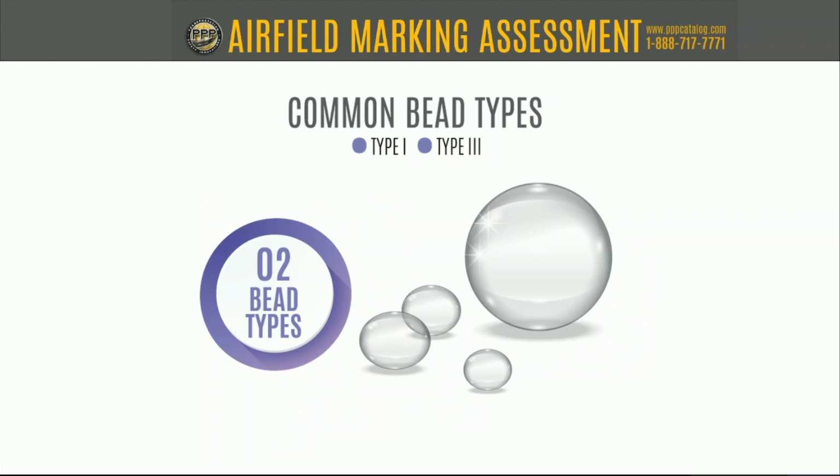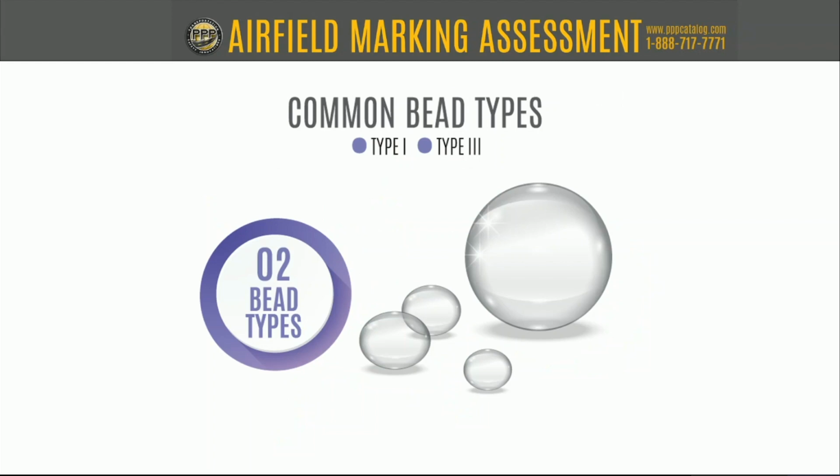With the typical applications that I see, type 1 and type 3, again, are the most commonly used. One special note about type 3 beads is you are prohibited by the FAA from applying type 3 glass in red and pink paints. And there's a lot of backstory to that.